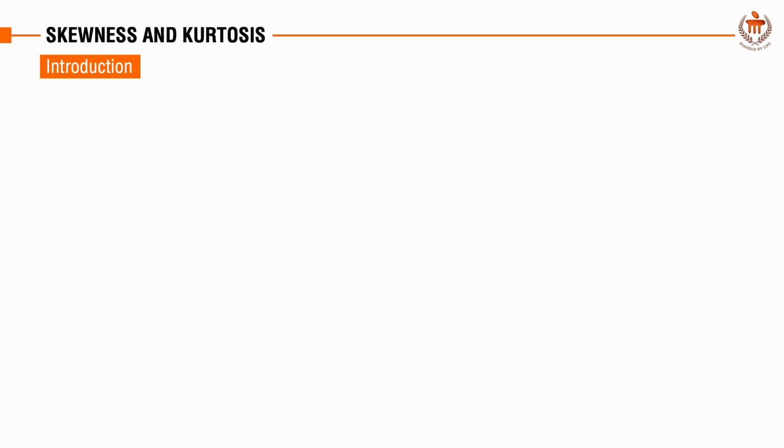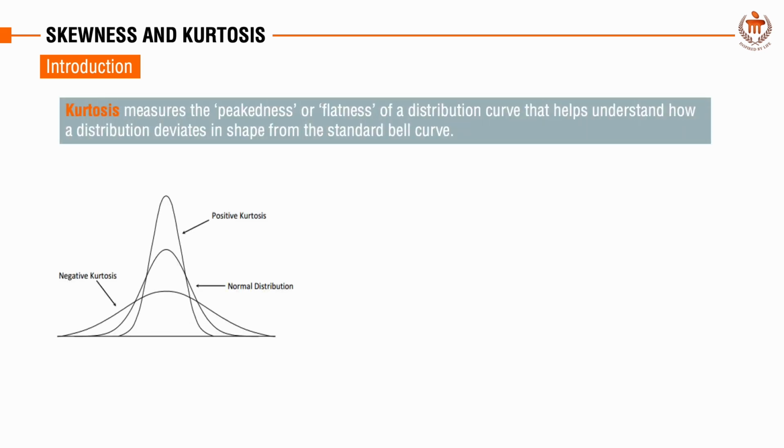Talking about kurtosis, kurtosis basically measures the peakedness or flatness of a distribution curve, which helps us understand how a distribution deviates in shape from the standard bell-shaped curve. As you can see, the distributions show positive kurtosis, negative kurtosis, or a normal distribution.